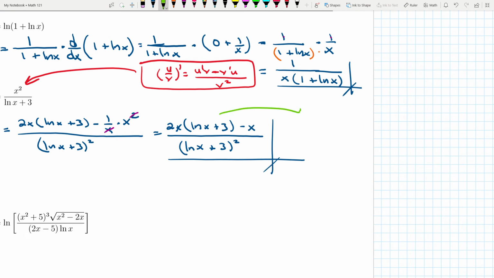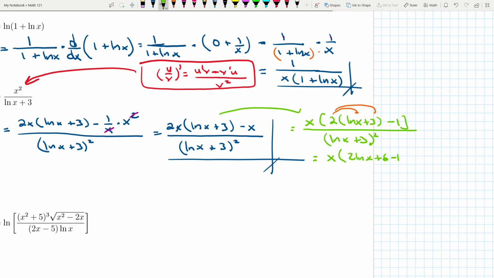So this would be the same as, actually we're factoring the x, x times 2 ln x plus 3 minus 1 over the quantity ln x plus 3, squared, and we could distribute the 2 over here, and that's going to give us x times 2 ln x plus 6 minus 1 over the quantity ln x plus 3, squared, and finally x times 2 ln x plus 5, because 6 minus 1 is 5, over the quantity ln of x plus 3, squared.